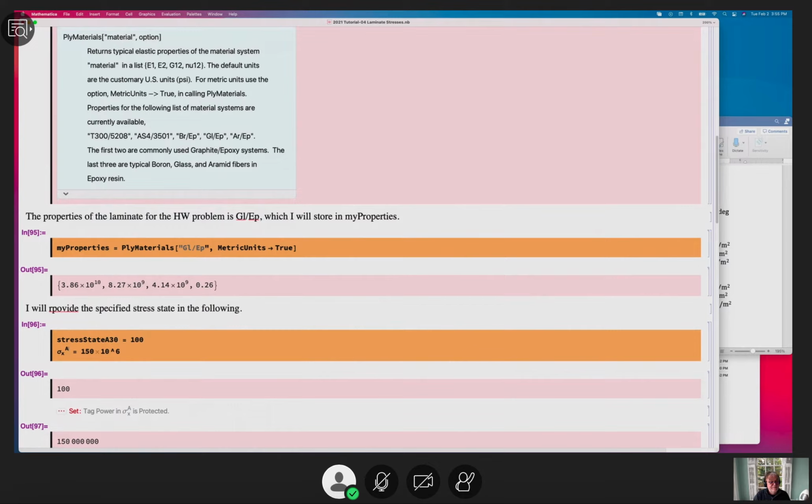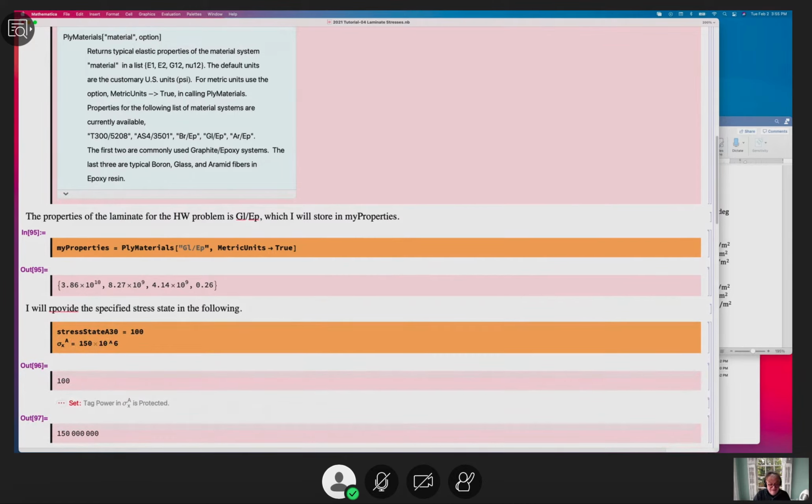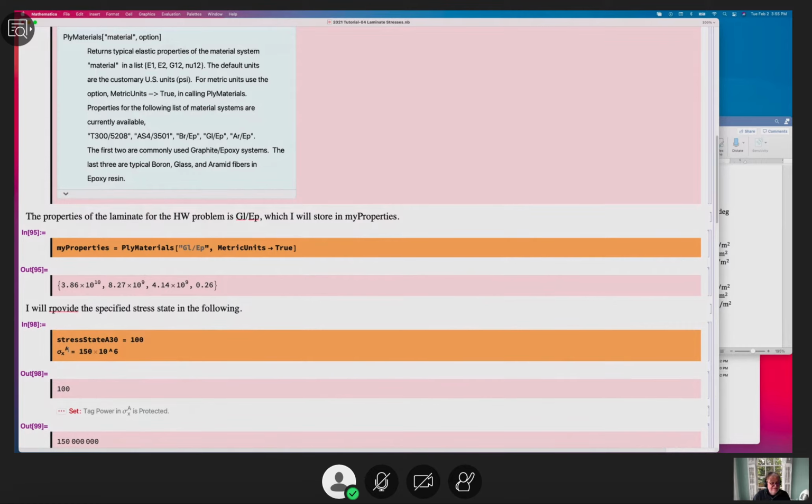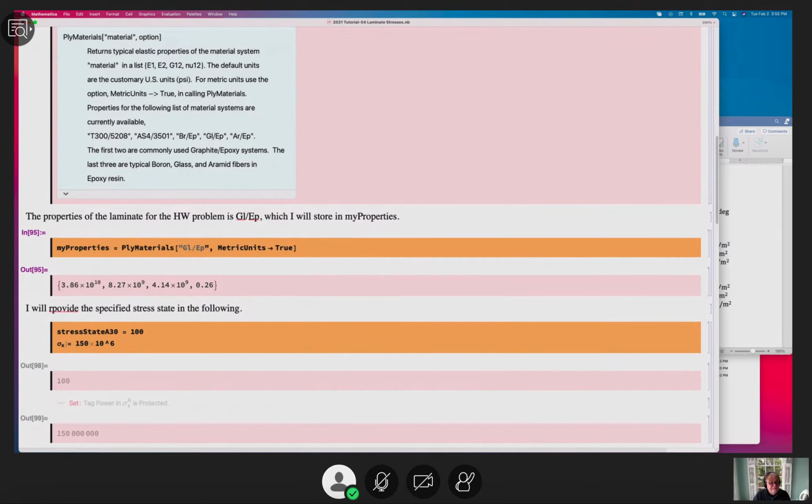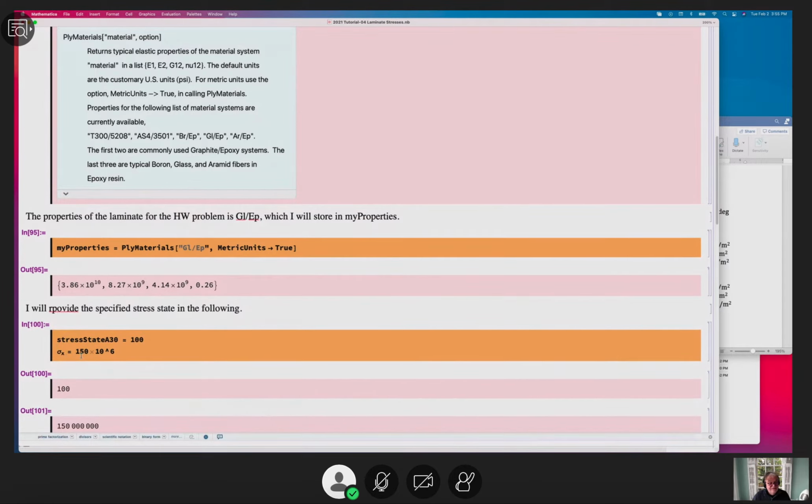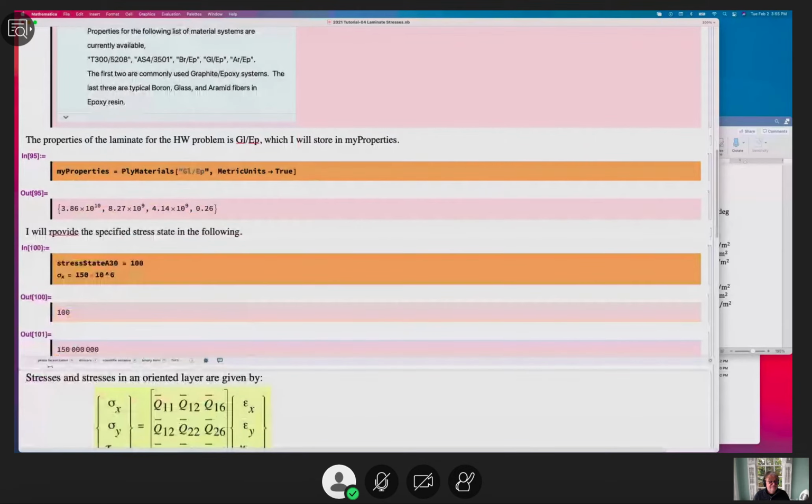So there may be a reason for that. I don't know why they protect something like this, but let's get rid of that. Sigma X, 150 million. Okay. For some reason, they protected the superscript version.